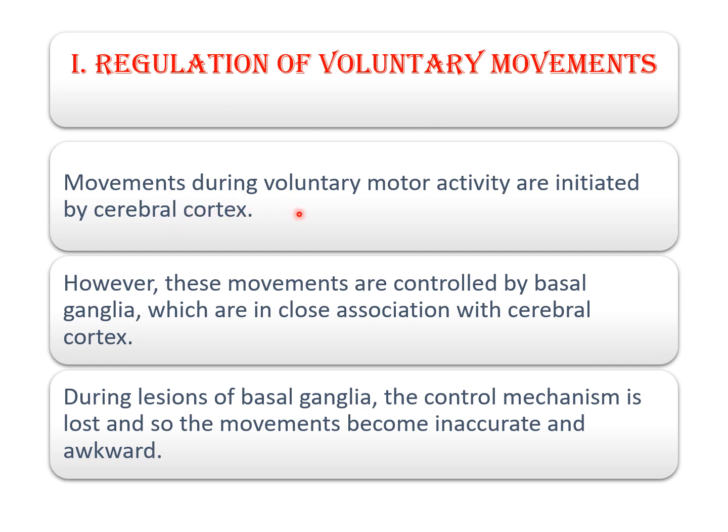Movements during voluntary motor activity are initiated by the cerebral cortex. However, these movements are controlled by basal ganglia, which are in close association with the cerebral cortex. Now during a lesion of the basal ganglia, the control mechanism is lost and so the movements become inaccurate and awkward.